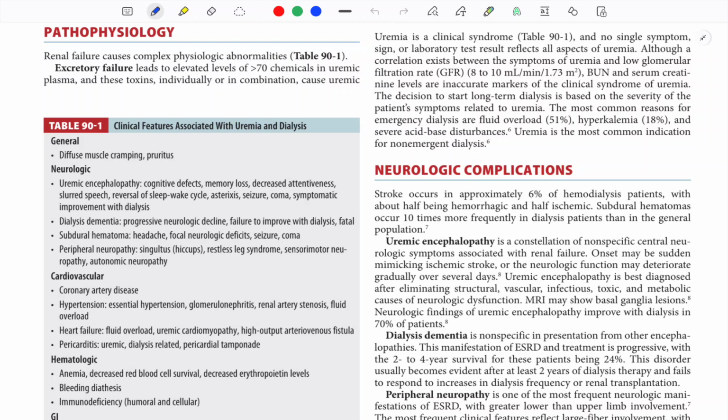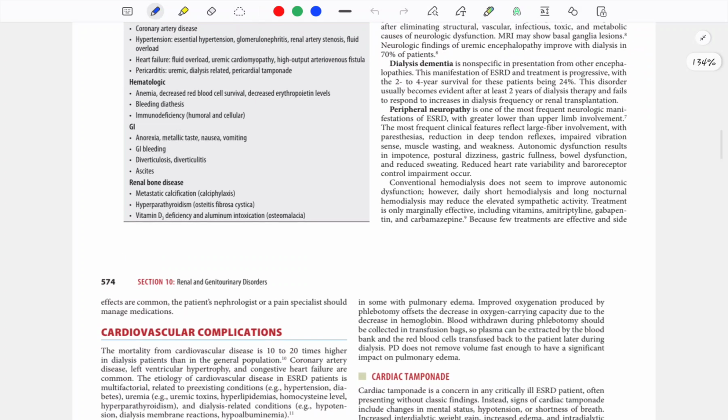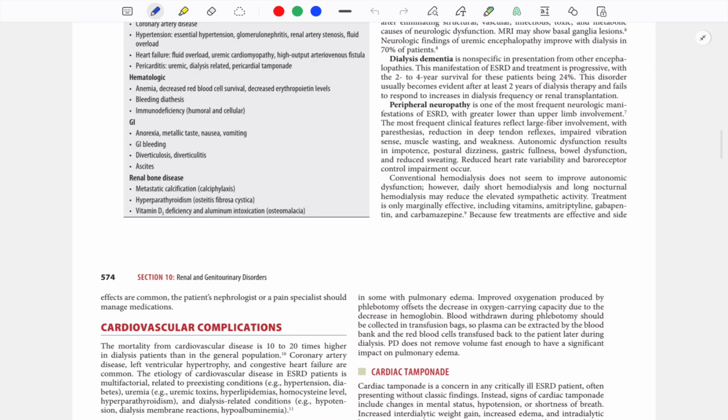It is calculated by the calcium phosphate product. We multiply calcium in mg per dl by phosphate in mg per dl. If it is higher than 70 to 80, there are likely chances of more metastatic calcification.